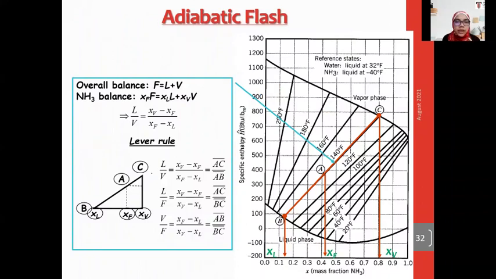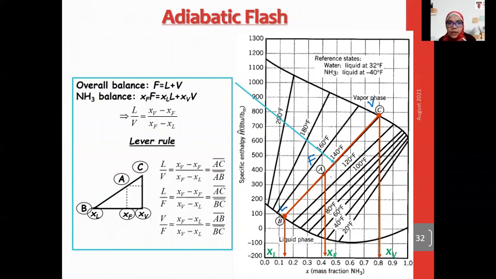So using the lever rule, we have this example here. This is our F, and then this is our V and our liquid. So you can apply the lever rule here.